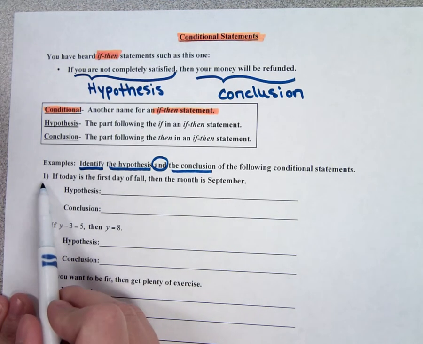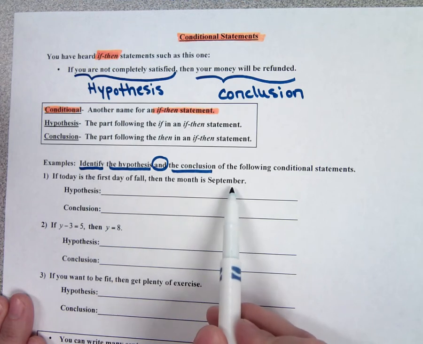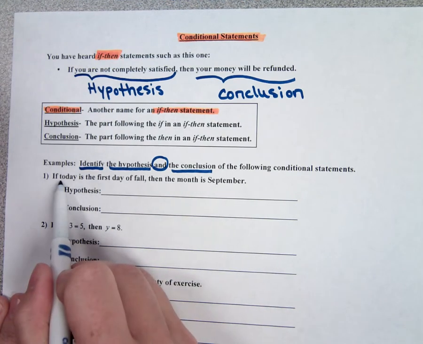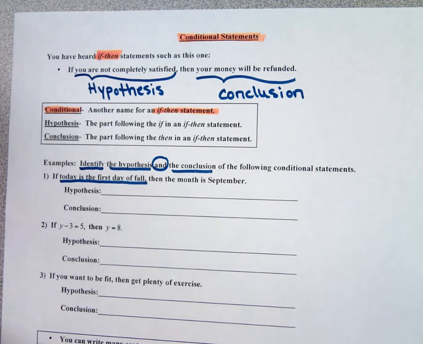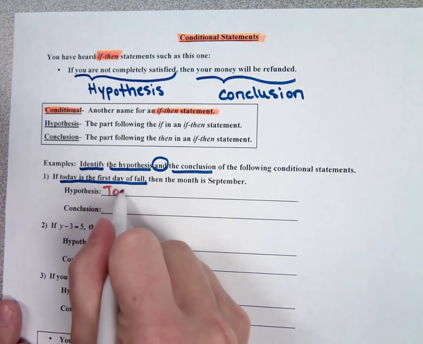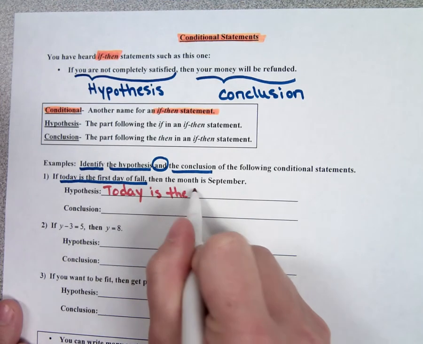Number one says, if today is the first day of fall, then the month is September. Remember, the hypothesis is what follows the if. So I would write, today is the first day of fall.